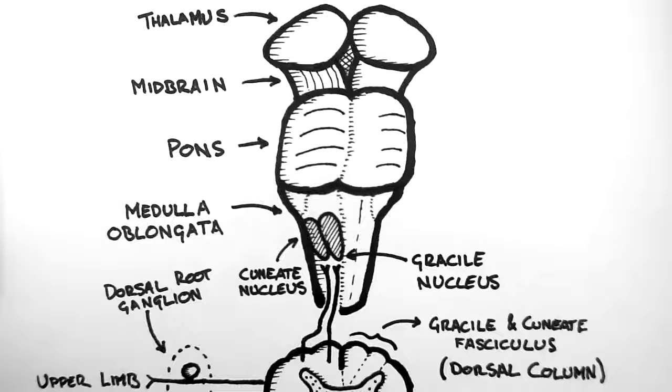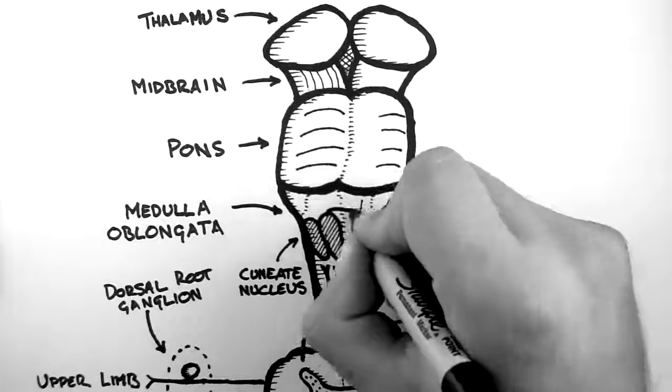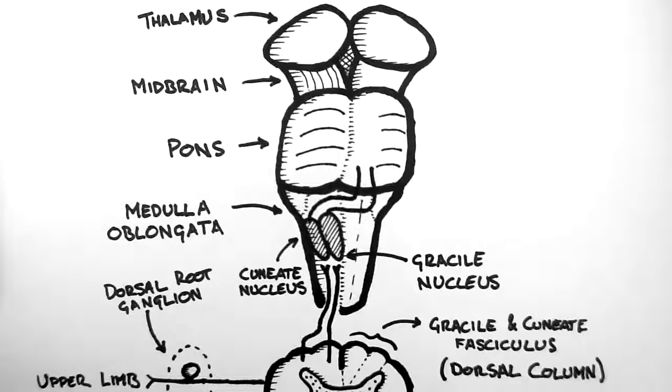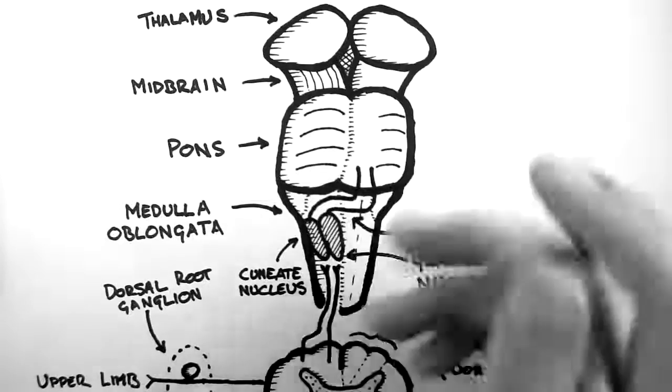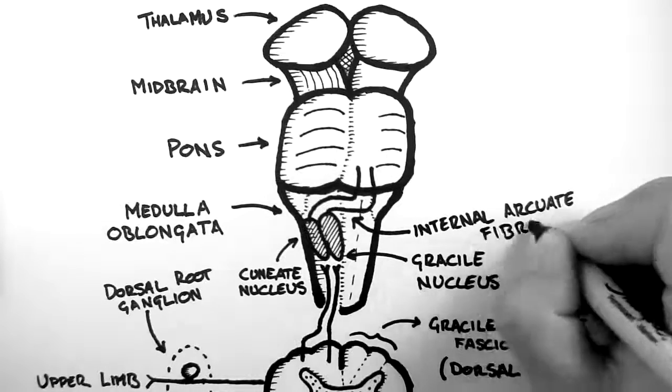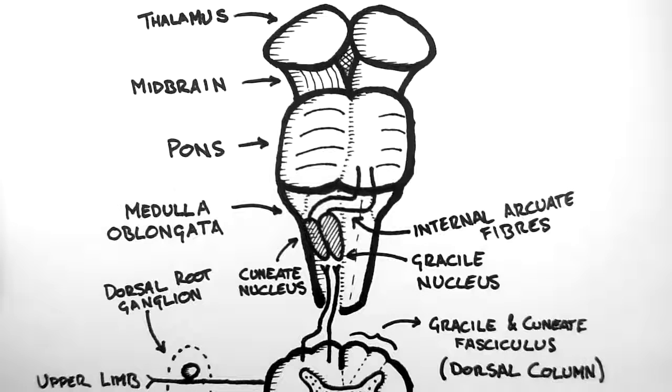The axons of the neurons in the nuclei then continue ascending. First they cross over to the other side of the brainstem. This is known as a decussation. Here the tract is known as the internal arcuate fibres, because in a cross-section they arc across the brainstem.